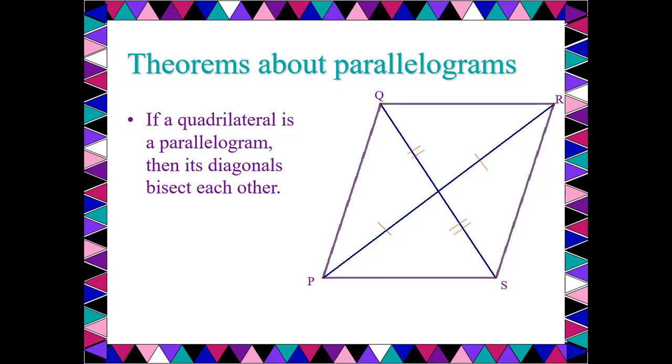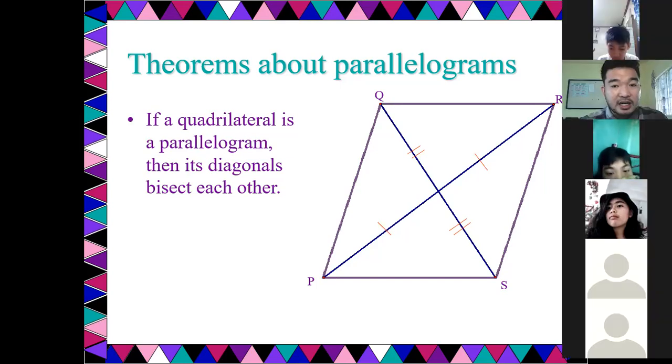Yan. Sabi natin, will you please read ano ang nakasulat dito? If a quadrilateral is, kindly read. VJ. I would like to hear the voice of VJ. If a quadrilateral is a parallelogram, then its diagonals bisect each other.